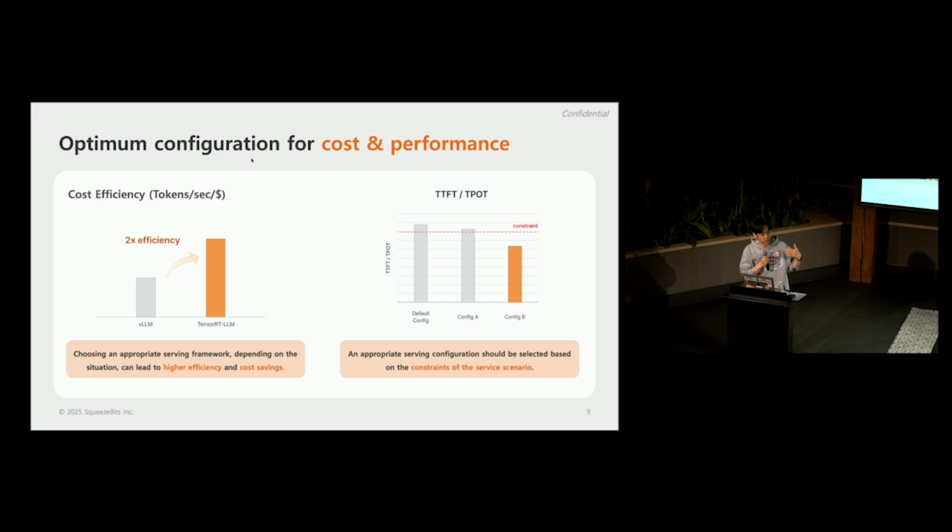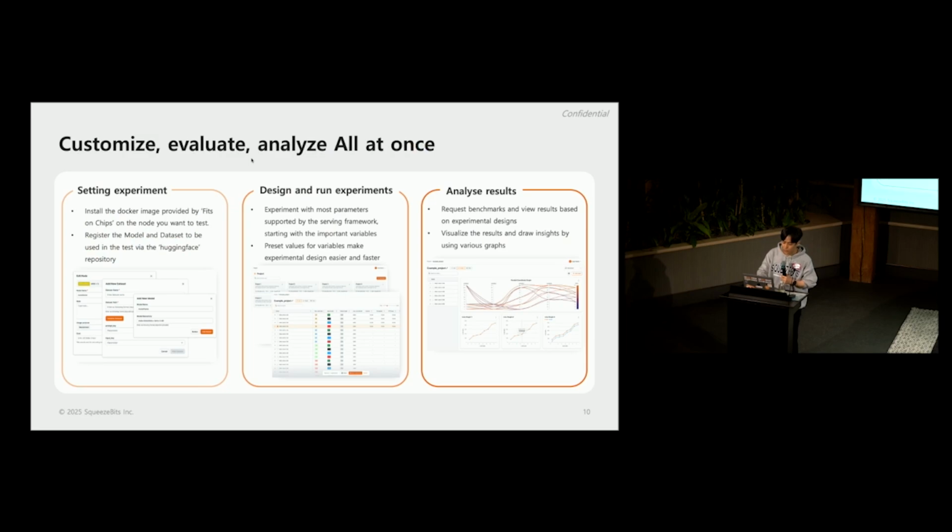We just need to maximize the throughput itself, so cost efficiency. These requirements or constraints depend on the workload service scenario itself. So it's very important to find the optimal serving options for your service scenarios. That's what we can help with.